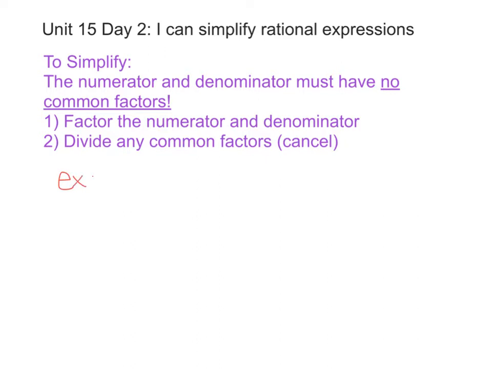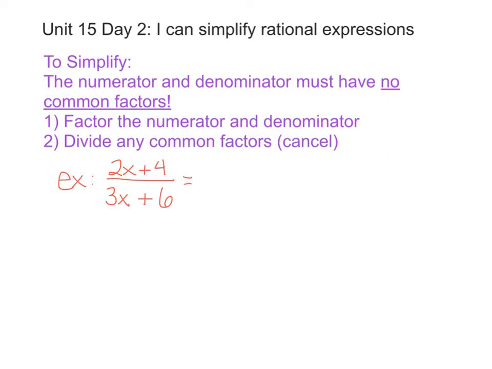Example: 2x plus 4 over 3x plus 6. We have to factor the numerator and denominator. Looking at the top part, 2x plus 4, can we factor anything out of that?